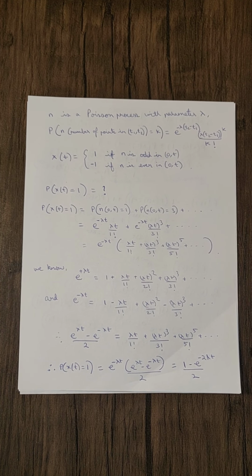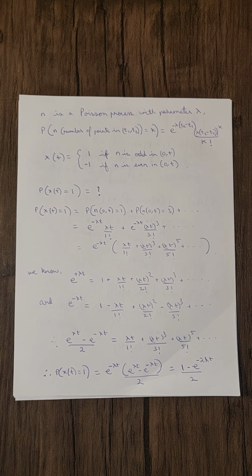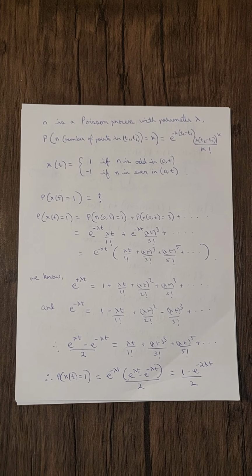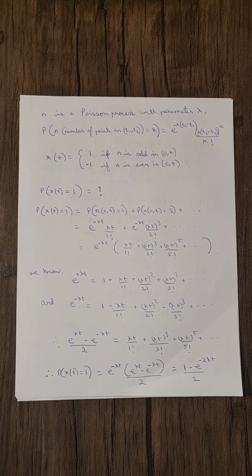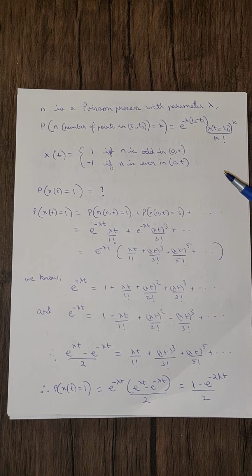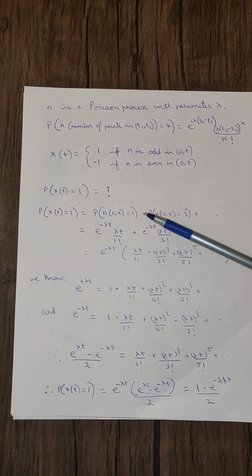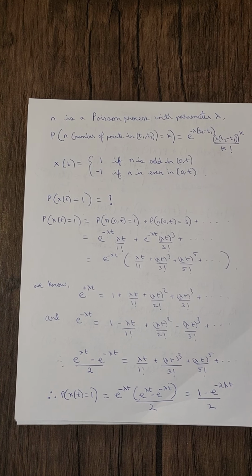X(t) is equal to 1 if N is odd in 0 to t. So N can be 1, 3, 5, 7, and so on up to infinity, any odd number. The probability of X(t) equal to 1 is the probability of N in 0 to t equal to 1, plus N equal to 3, and so on up to infinity.